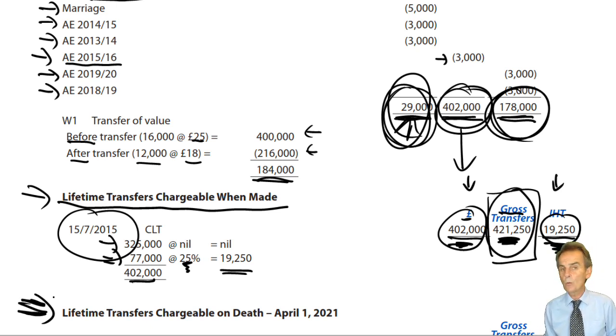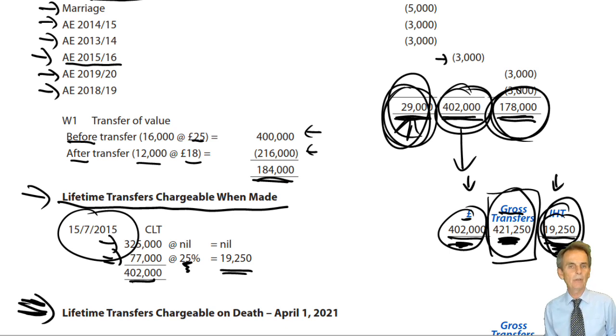Of course, we will reflect the fact that £19,250 of lifetime tax has already been paid, and that will serve to reduce any additional tax that needs to be paid as a result of the death of the taxpayer.